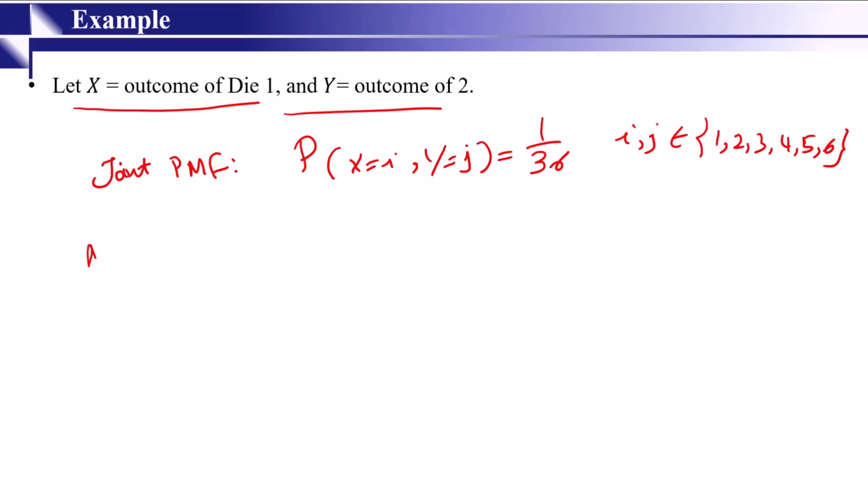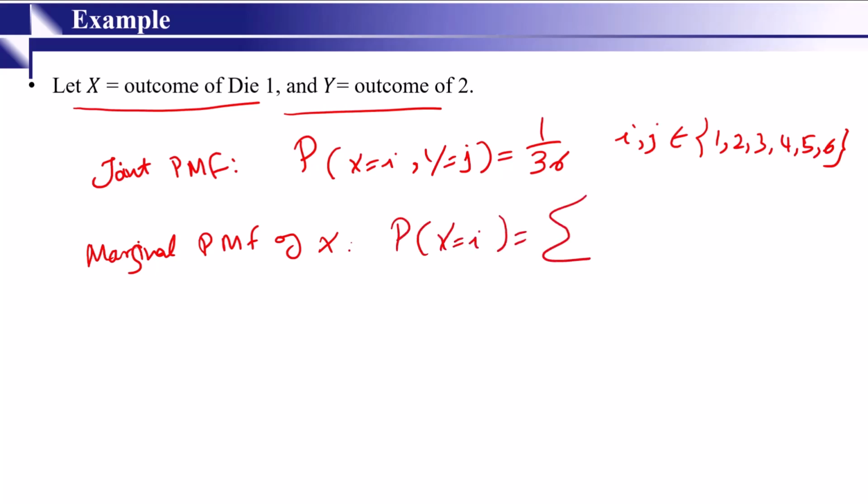Then the marginal PMF of X, probability of X equal to i, is the sum over possible values of j from 1 to 6 of the joint probability, which is equal to 6/36, which is equal to 1/6.